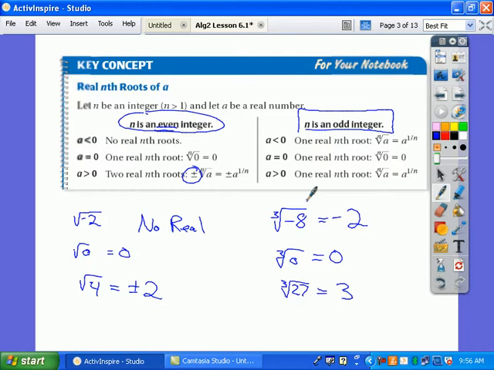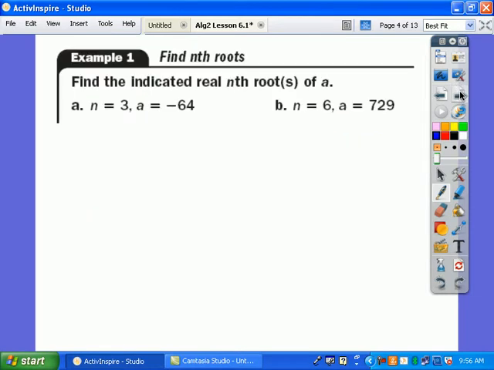So let's see a couple problems in action here. Let's get a couple under our belt. Find the indicated real nth root of A. So we're going to find the 3rd root of A, where A is -64. So cube root of -64.